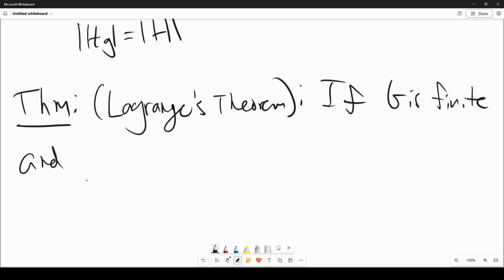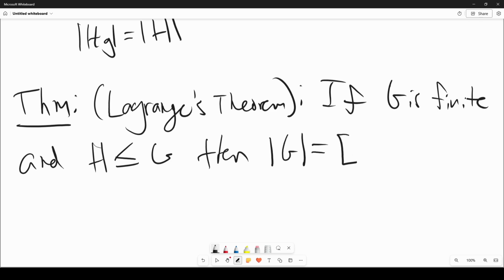You can go back and check yourself if there are any sneaky assumptions where I assumed things were finite and not infinite. And H is a subgroup of G, then the order of G equals the index of H in G times the order of H.